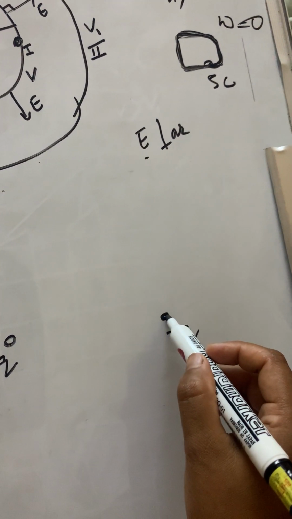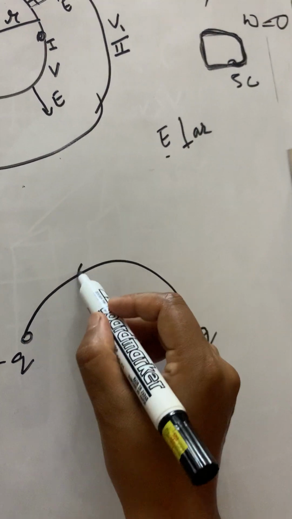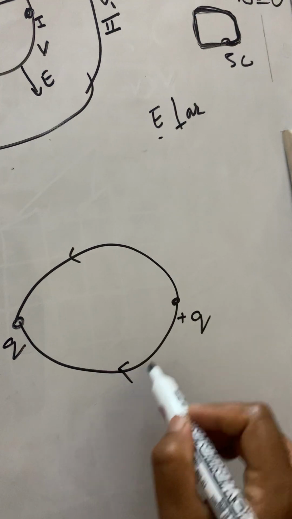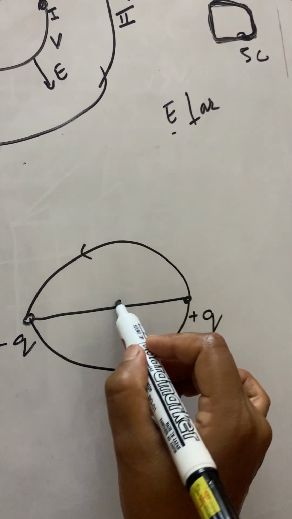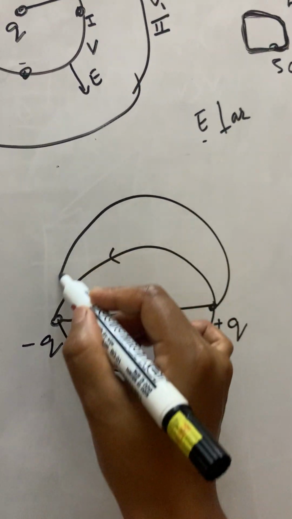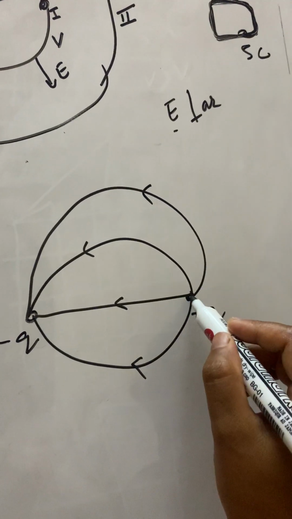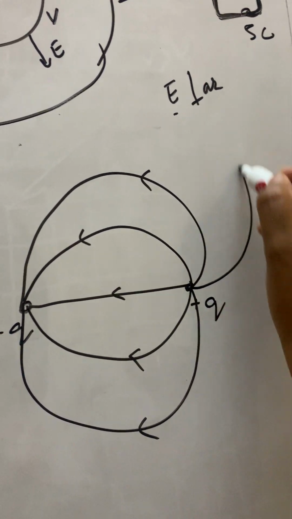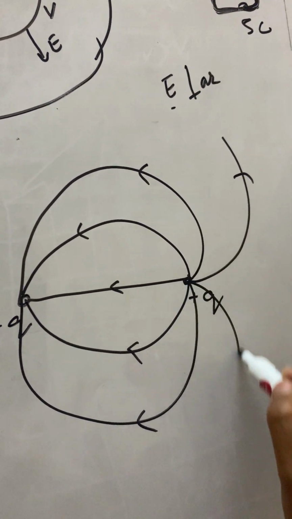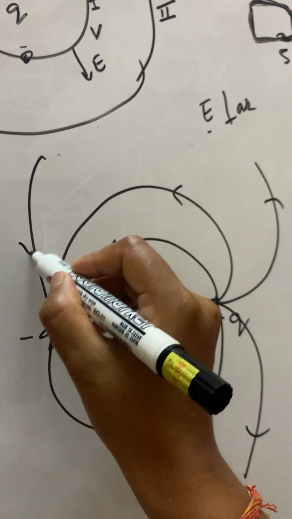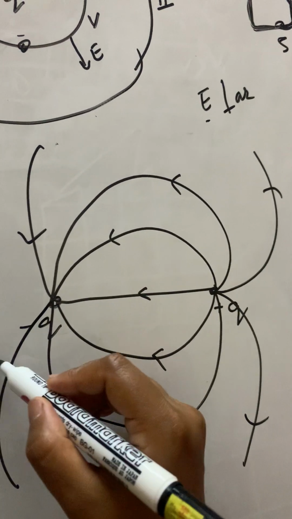The field lines go from plus to minus. You can make it a better way, plus to minus. It goes this way and it will enter through this way, right?